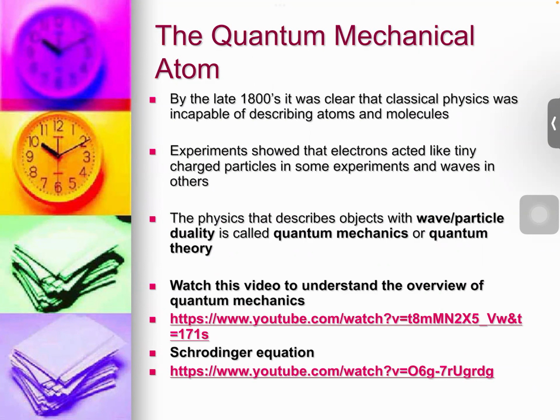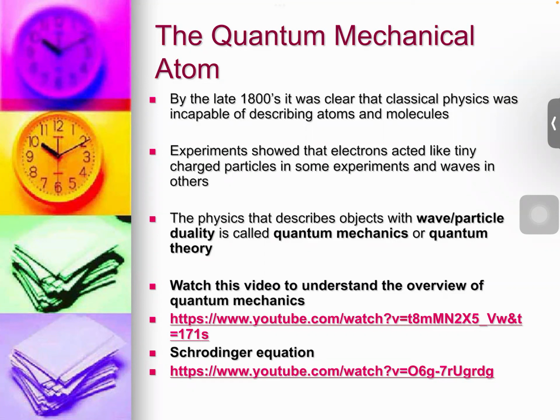Since you have come across the Schrodinger equation, being introduced to you, can someone just tell me what you remember, what is actually the Schrodinger equation for? Shape of orbital.